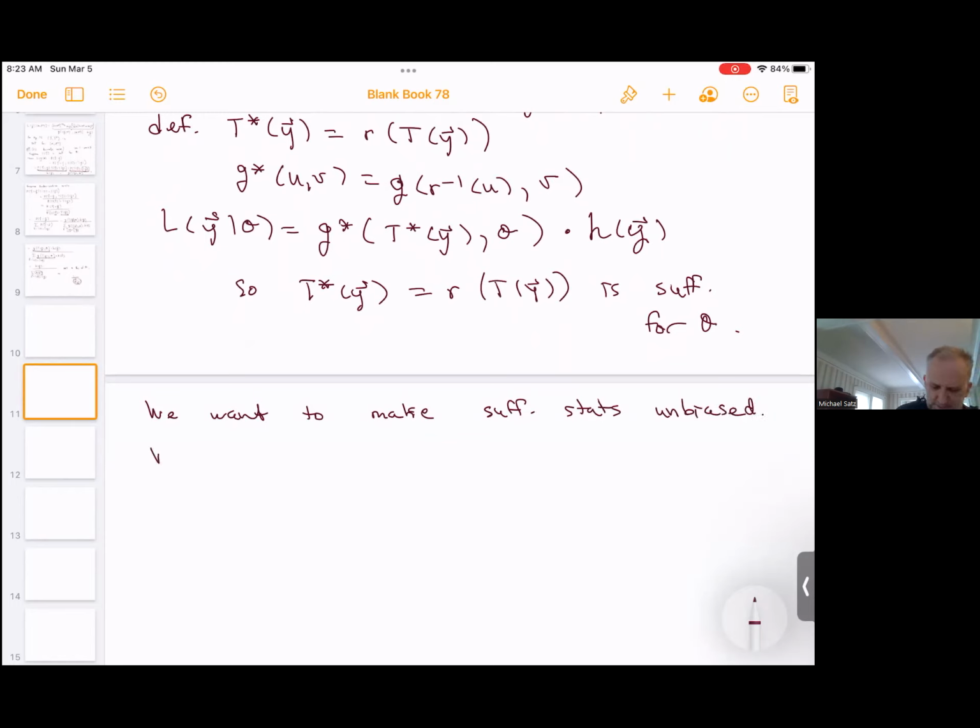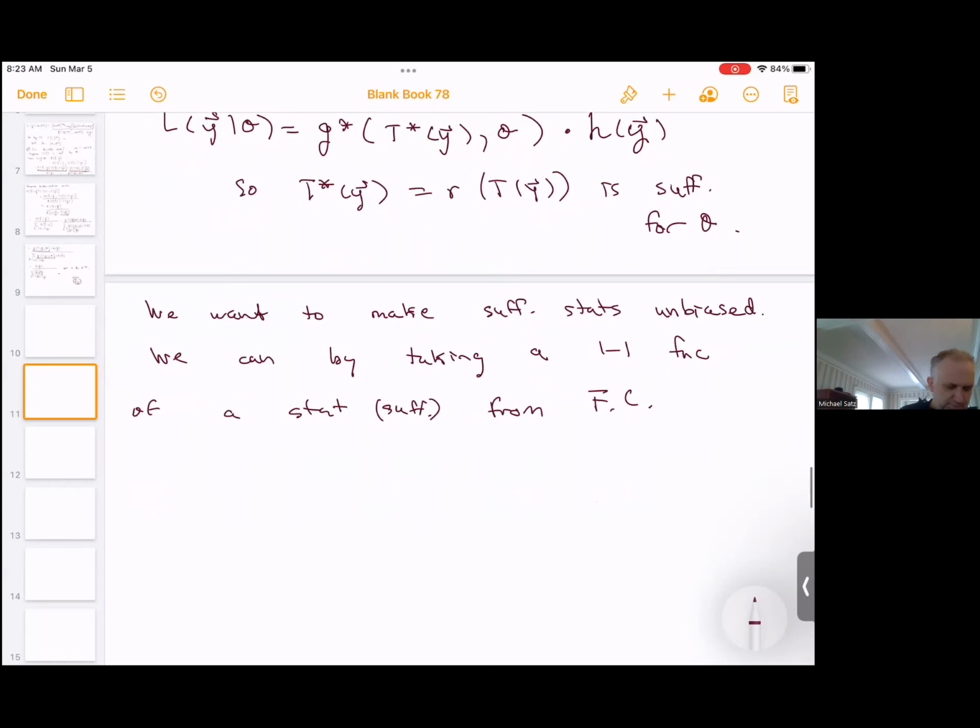We can achieve this by taking a one-to-one function of a sufficient statistic from the factorization criterion theorem.